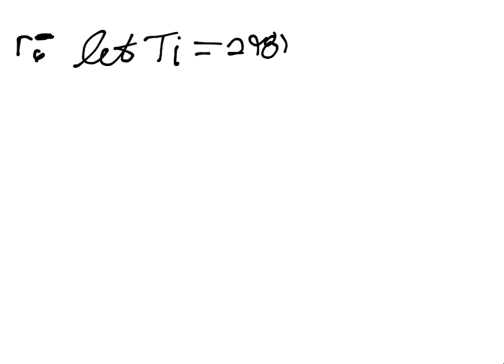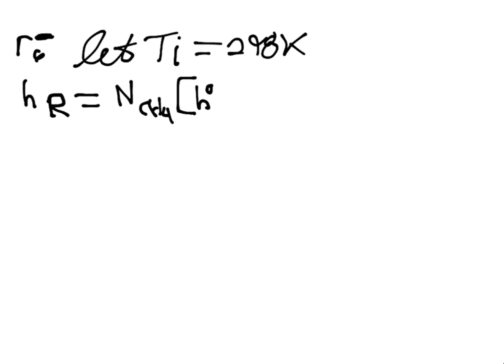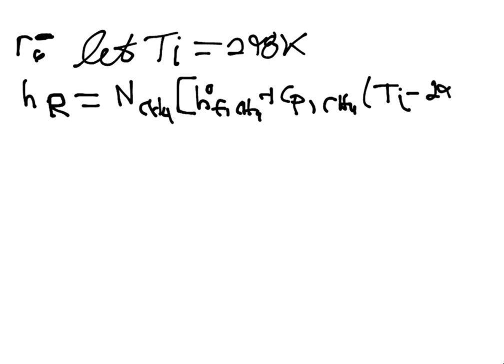So we're going to start out with our reactant side. And if we remember, we let T_i equal 298. So H_R is equal to the number of moles of CH4 times the heat of formation for CH4 plus the Cp for CH4 times T_i minus 298.